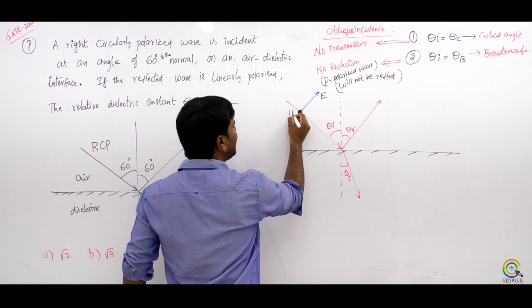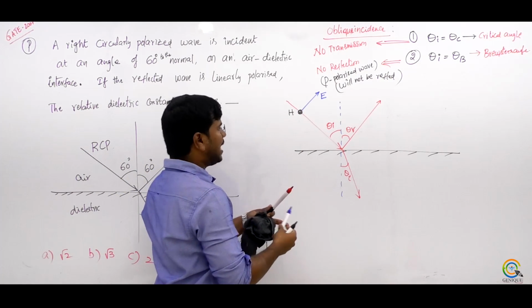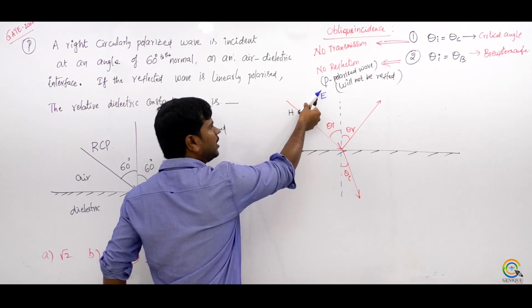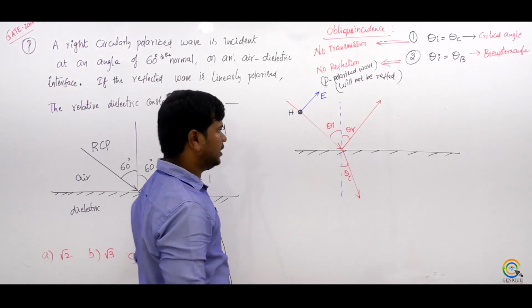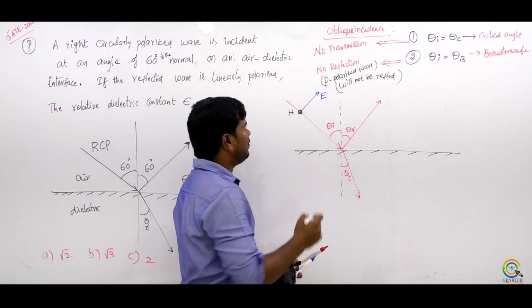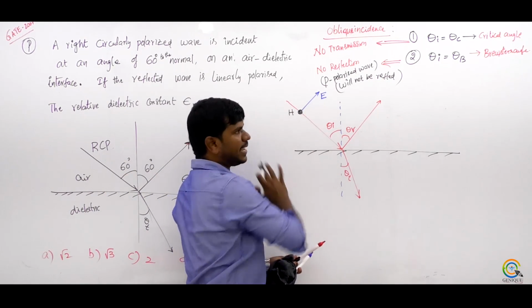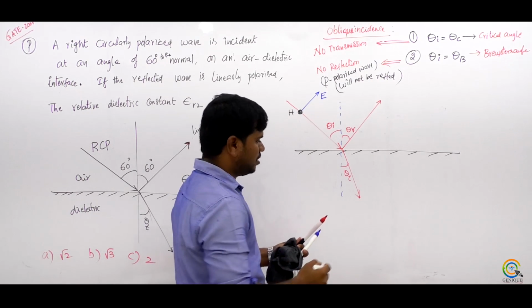This is the magnetic field, this is the electric field and this is the propagation. So perfectly they are following orthogonality. So this is one case of oblique incidence.